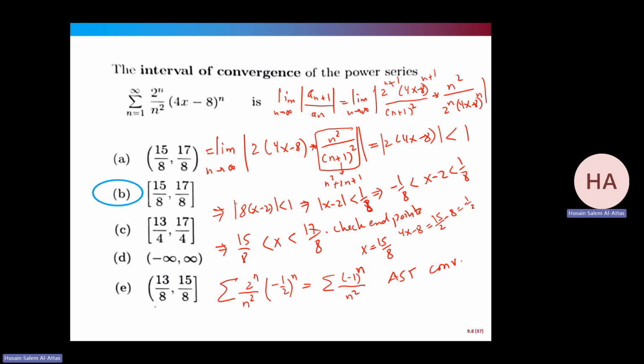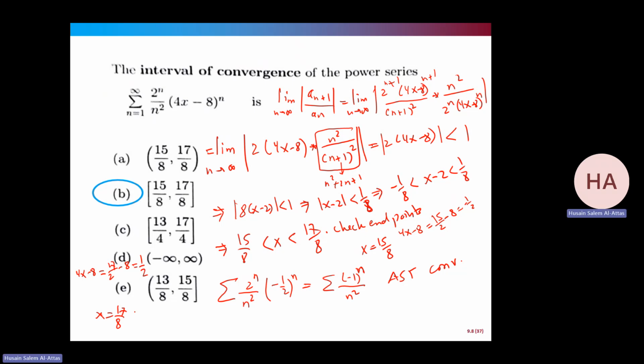Great. Now we'll check x equal 17 over 8. What will happen? Now 4x minus 8 will be what? It will be 17 over 2 minus 8, and 8 is 16 over 2, so that will be half.